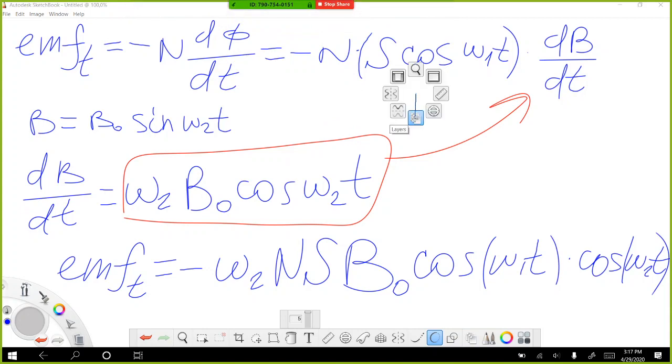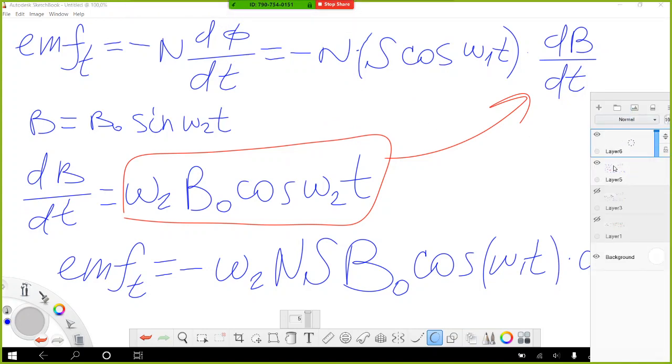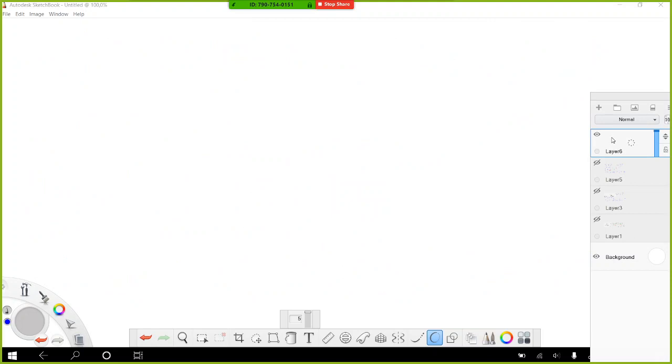Okay, and the total electromotive force we said will be the sum of two contributions.